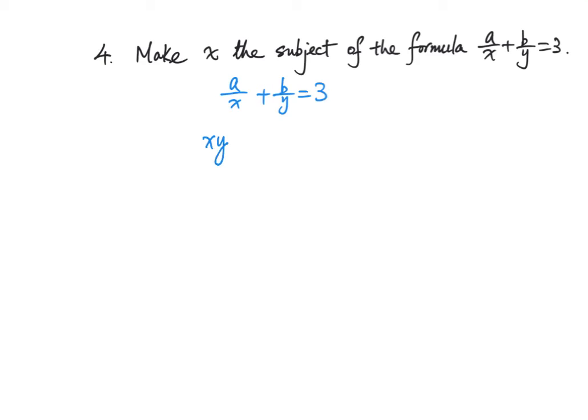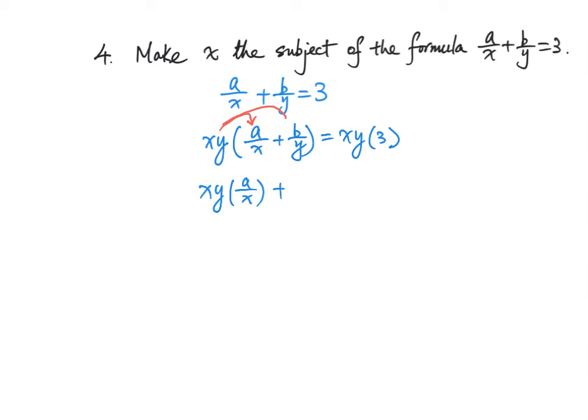So xy multiplies the left hand side, xy multiplies the right hand side. So on the left hand side, use rainbow method, xy times a over x, plus xy times b over y.